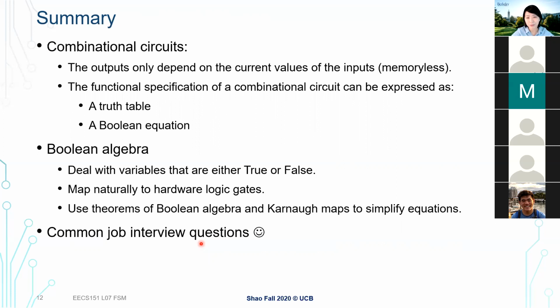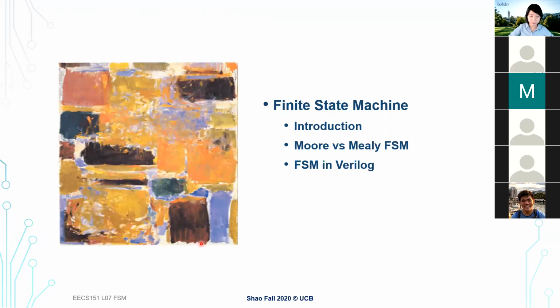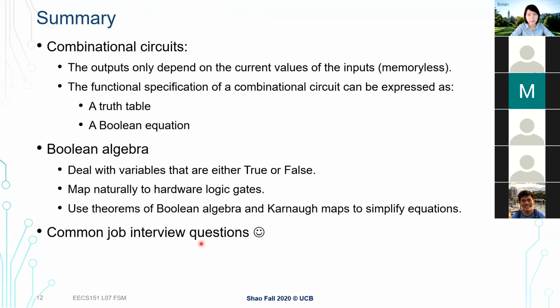So we also have some homework problems to help you get comfortable with this. So that's basically what we wanted to talk about for combinational logic. Specifically, we talked about the memoryless feature, the Boolean algebra, and also logic simplification, how to use either Boolean expressions or Karnaugh map.